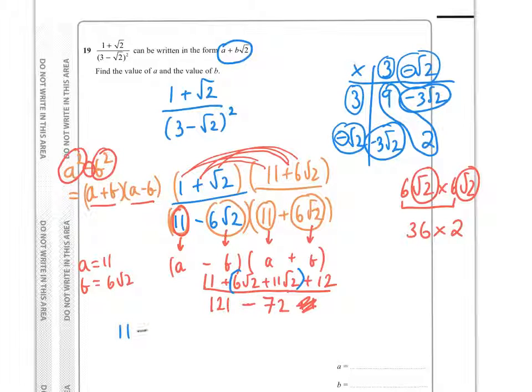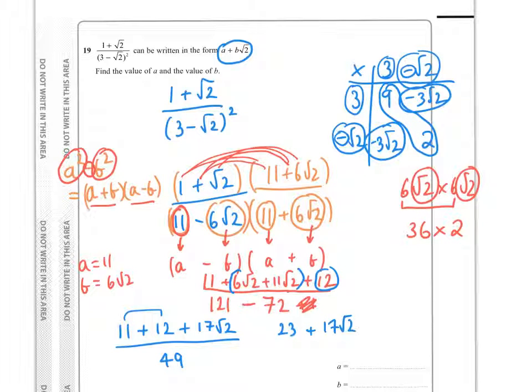So that would give 11 plus this 12 here, plus, well, what is 6 root 2 and 11 root 2? 17 root 2. And 121 minus 72 on the denominator. Well, 121 minus 72, from 72 to 100 is 28, and 21, that's 49. And then what I have here is 11 and 12, that's 23, and then plus 17 root 2, all over 49.